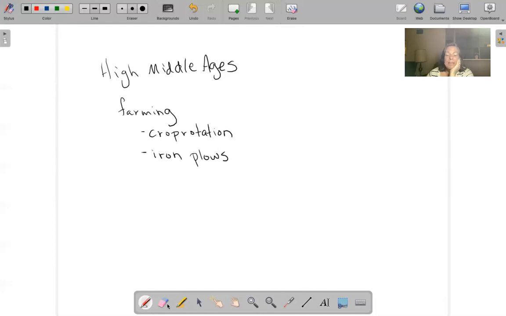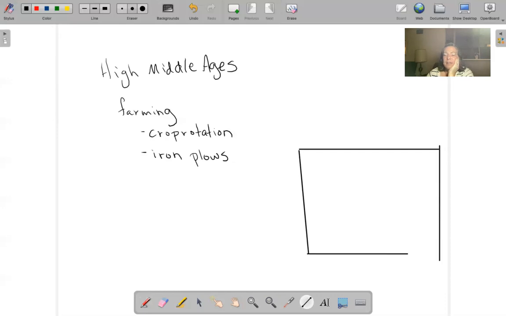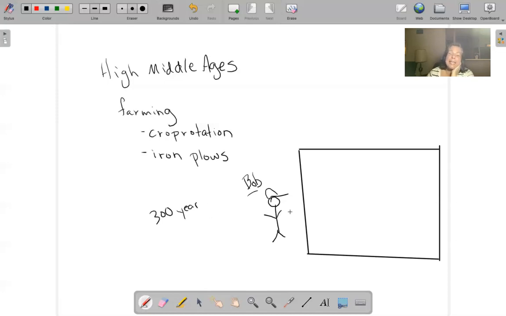Now, let me tell you what crop rotation is. Pretend this is a field, and here's your farmer. Let's say this is Farmer Bob. Farmer Bob in the year 300 took a bunch of seeds and he just threw them out in the field.